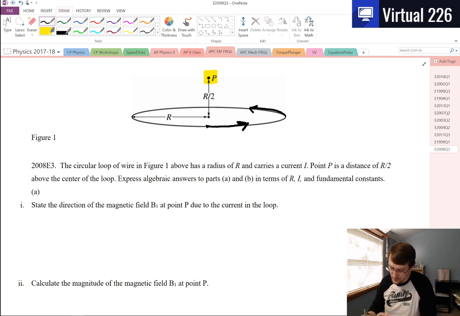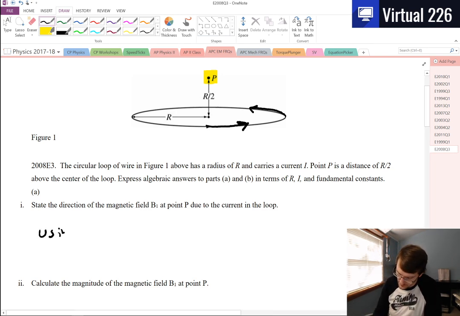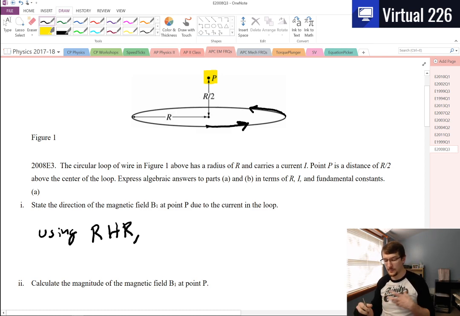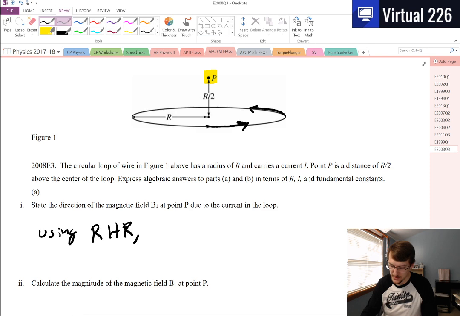So by the right-hand rule, we see that our B field here is pointing up for us. Okay, so our B field is pointing upwards towards the top of the page. That's what's going on here.